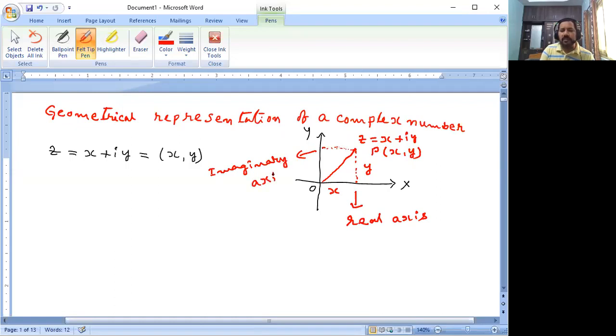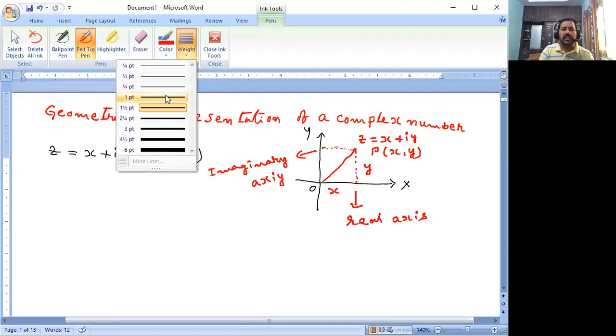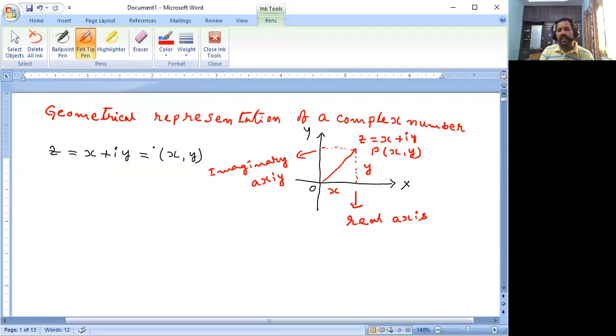The complex number can be represented in the coordinate system. Now, the axes change: we get the x-axis as the real axis and the y-axis as the imaginary axis. Okay, I think all of you understood now.